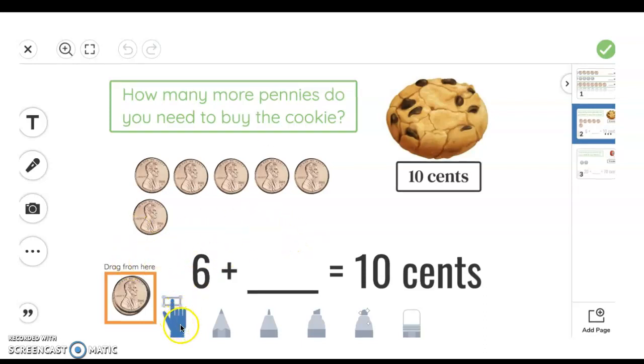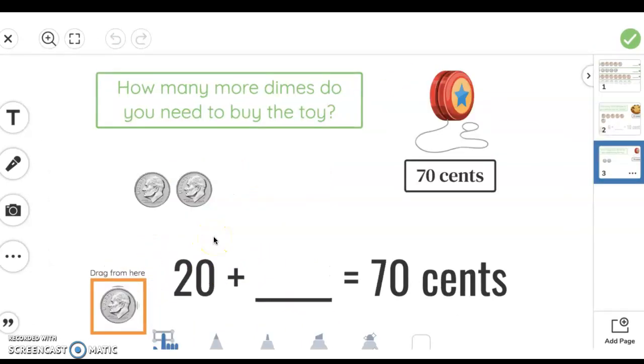So you're going to use your hand tool and figure out if you have 6 pennies, how many more do you need to get 10 cents because the cookie is worth 10 cents. So you can use your hand tool to drag the correct amount up here and then use one of the drawing tools to write how many you added. So I would have dragged this penny up here and then keep going.